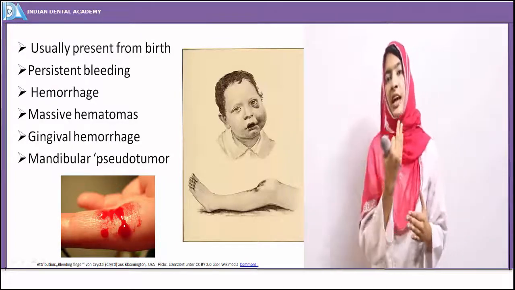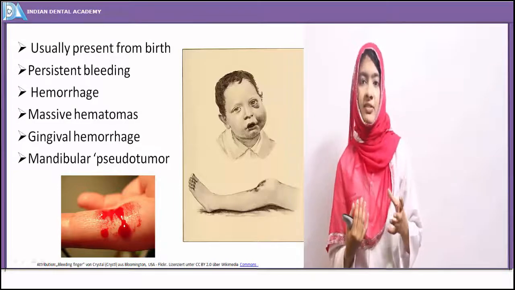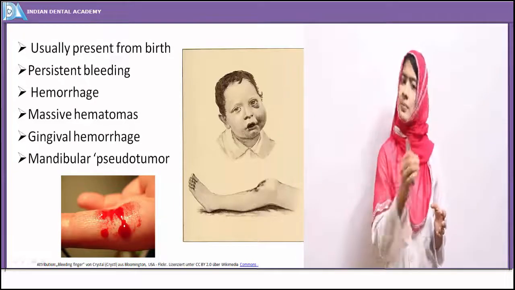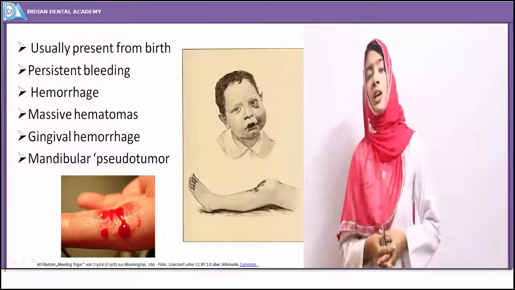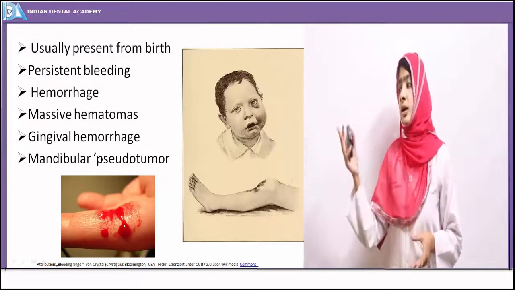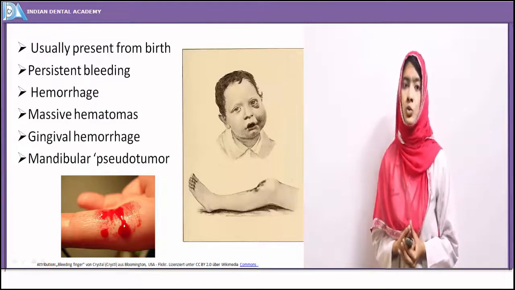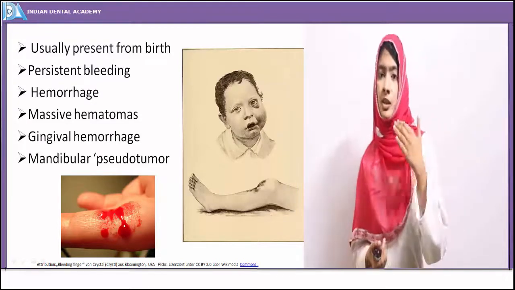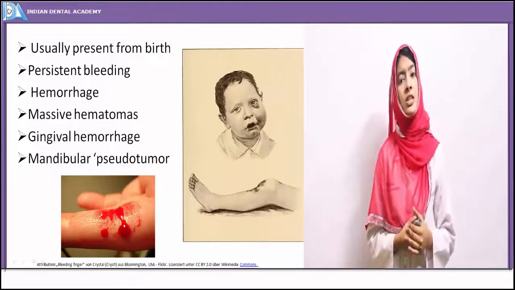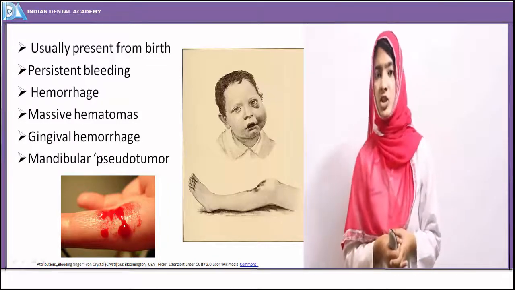And coming to the oral cavity, you see spontaneous gingival bleeding or appearance of gingival hemorrhage. Just a simple gingivitis may bleed heavily or profusely. And there is the occurrence of mandibular pseudotumor, which has been reported in many cases. That is nothing but a periosteal blood reaction followed by extravasation of blood.